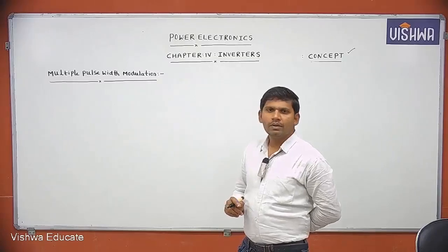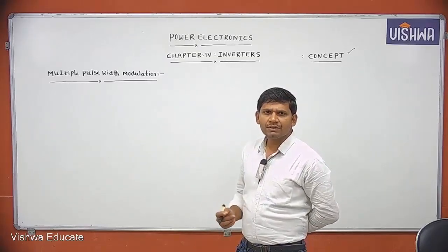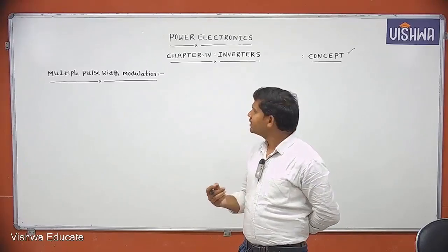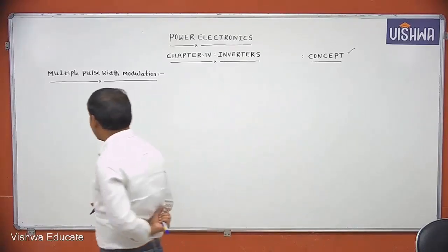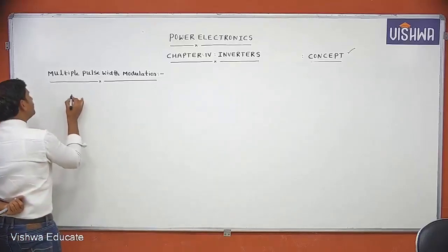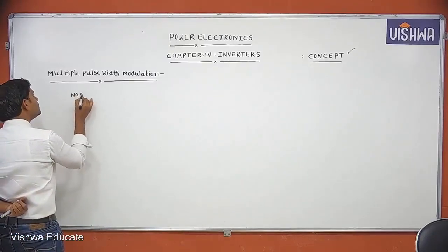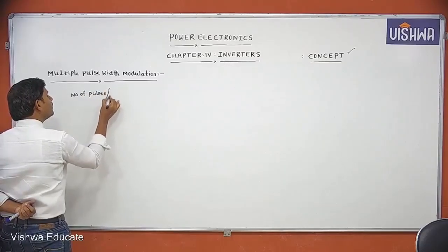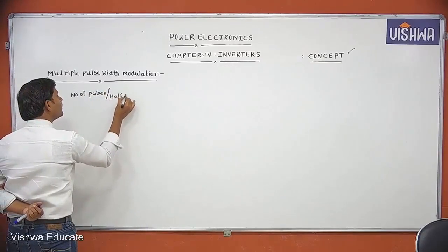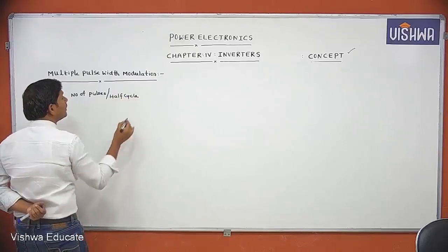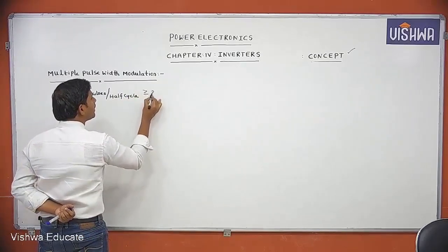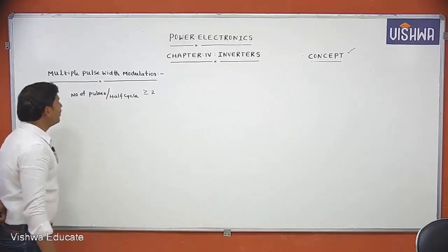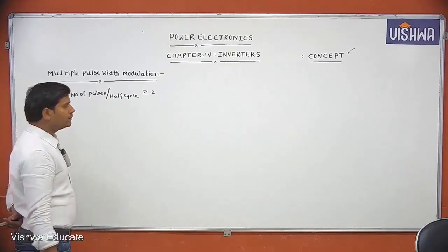If the number of pulses per half cycle is greater than or equal to 2, then we can say that is called multiple pulse width modulation. That is, if you generate the number of pulses per half cycle greater than or equal to 2, then that is multiple pulse width modulation technique.